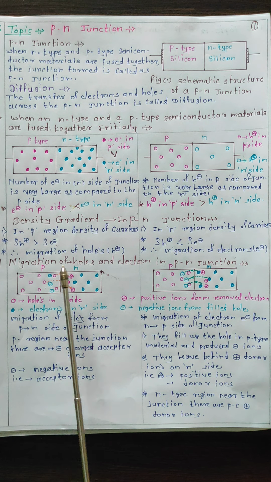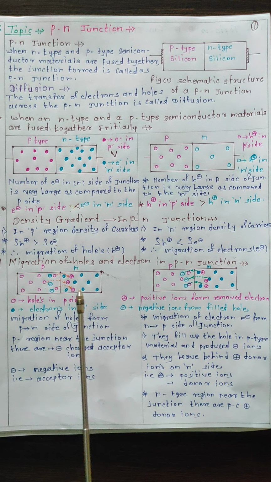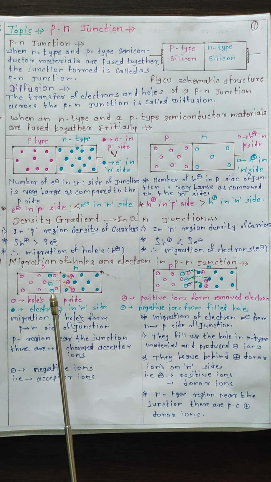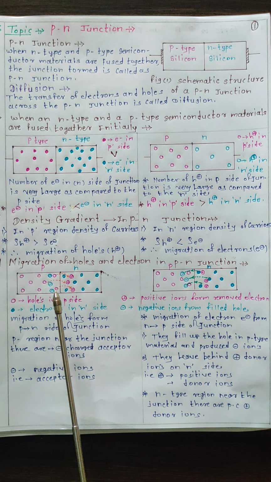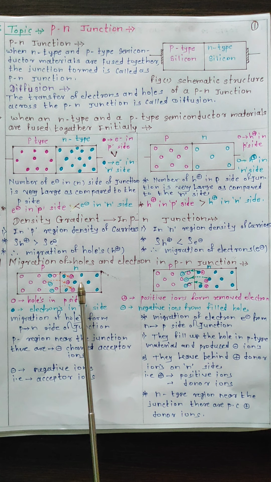So next, third, is the migration of holes and electrons in the PN junction. Take the first figure: the holes are transferred from the P region to the N region.